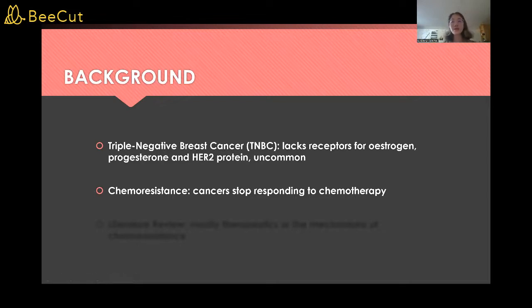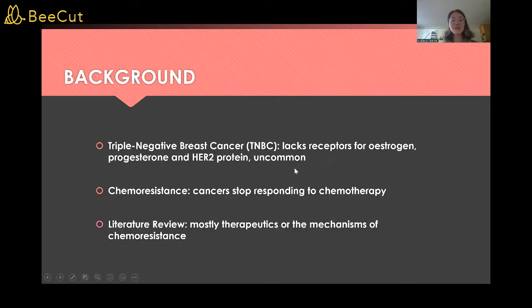It's also a possible cause of the metastatic relapse. From the literature review, most studies focus on therapeutics or the mechanisms of chemoresistance of one or a few genes, whereas only a few studies focus on a systematic list of chemoresistant markers.